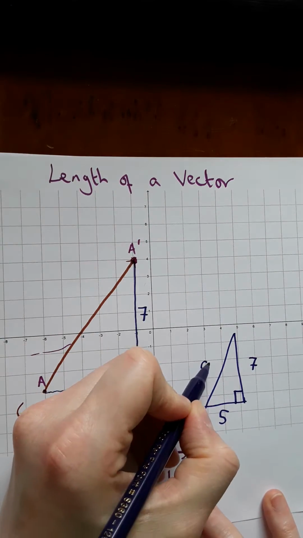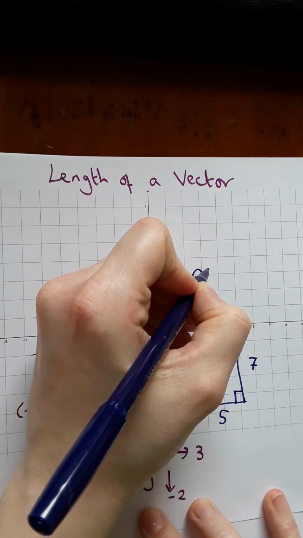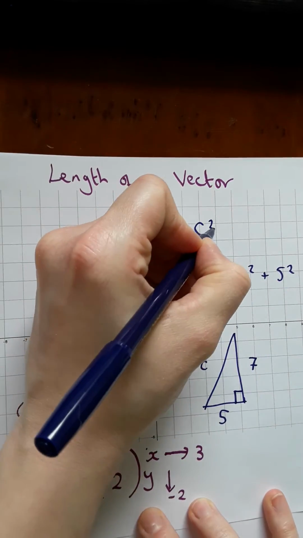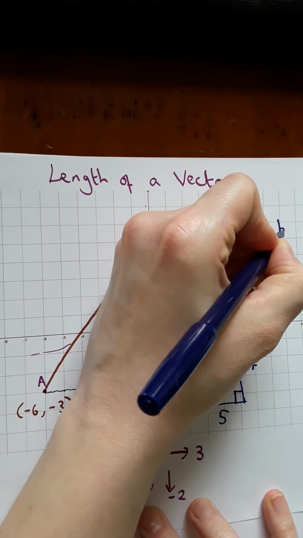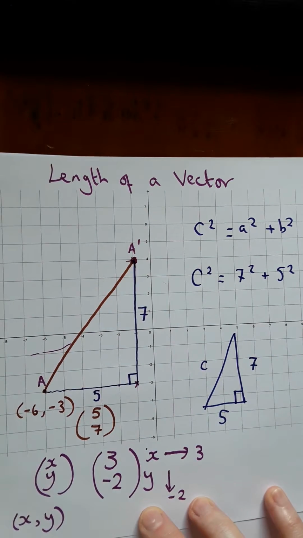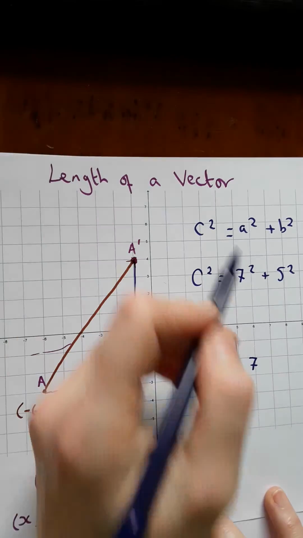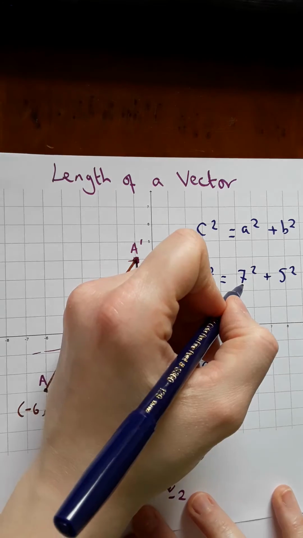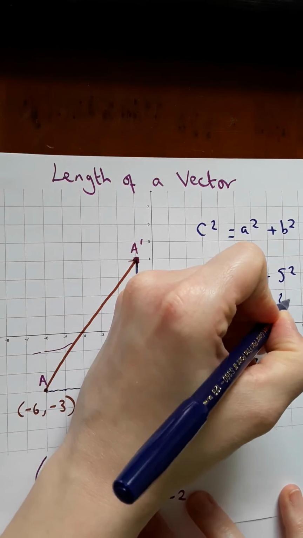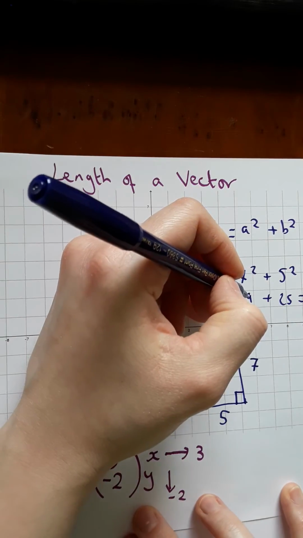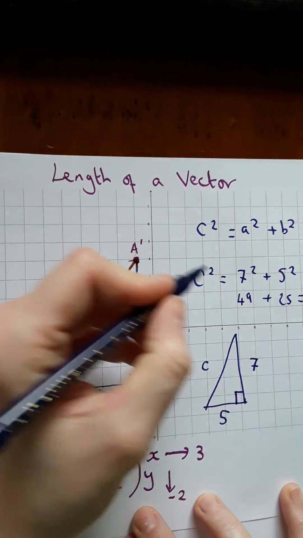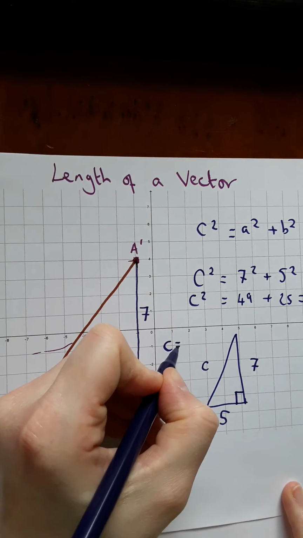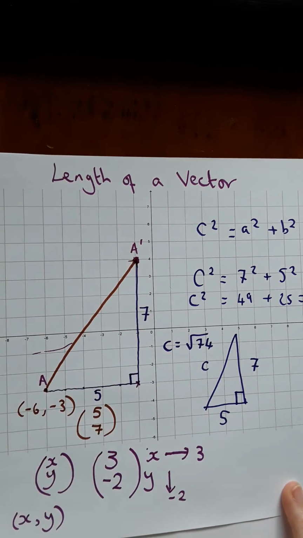So I know that my c squared equals 7 squared plus 5 squared because the Pythagorean theorem was that the two shorter sides, when they're both squared and then added together, equals c squared. So 7 squared is 49, 5 squared is 25, so that gives me 74. So I know that c squared equals 74, and c would be the square root of 74.